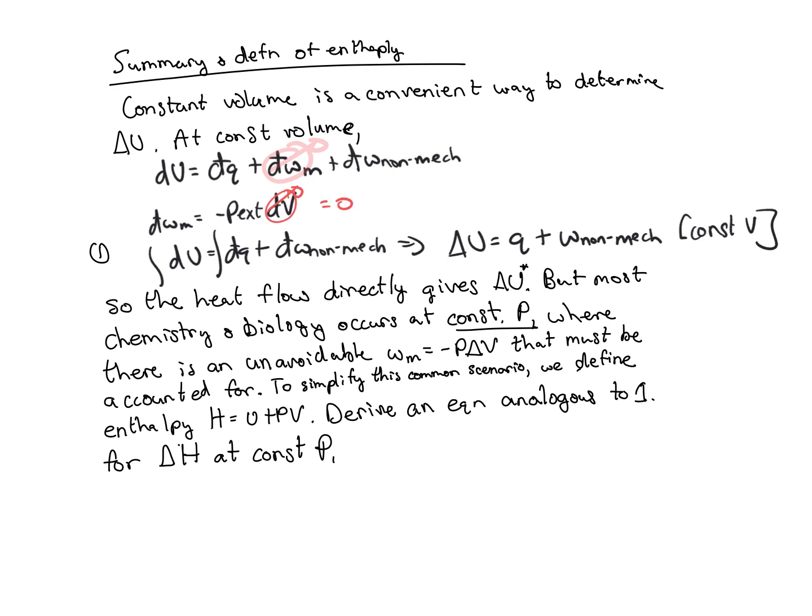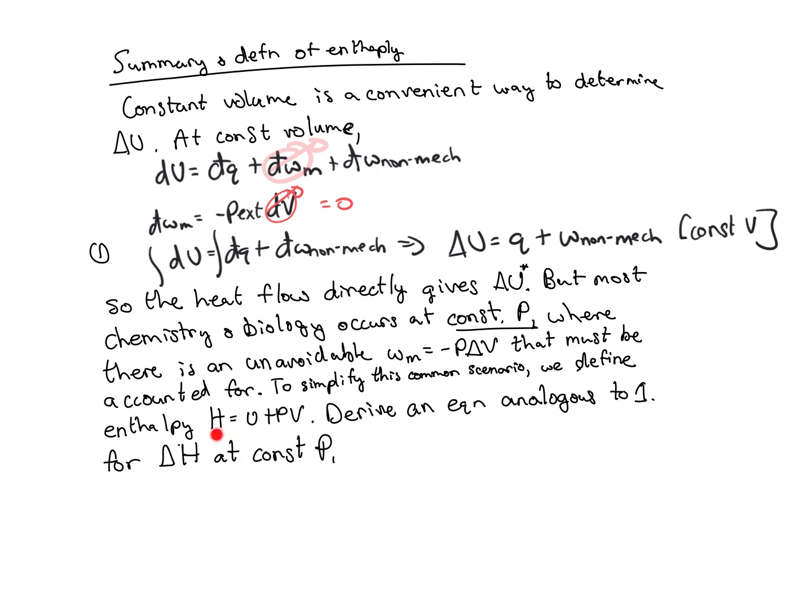But again, most chemistry and biology occurs at constant pressure, where there is always some amount of mechanical work, which at constant pressure is negative the pressure times the change in volume. So we always have this mechanical work term that's going to be a factor. In thermodynamics, we can define variables however we want to make our lives easier.